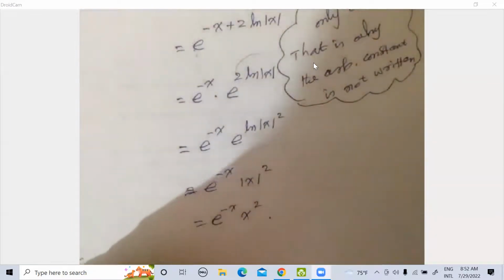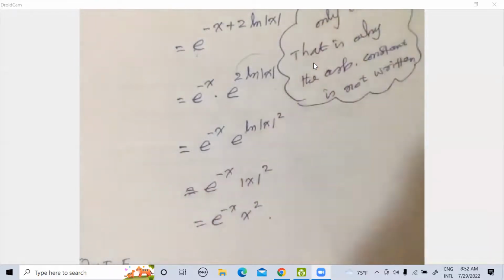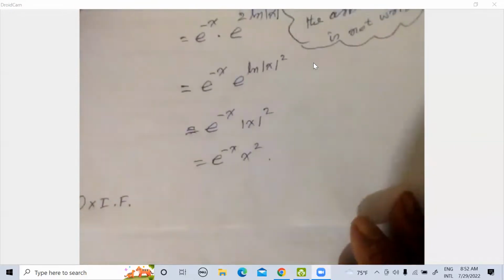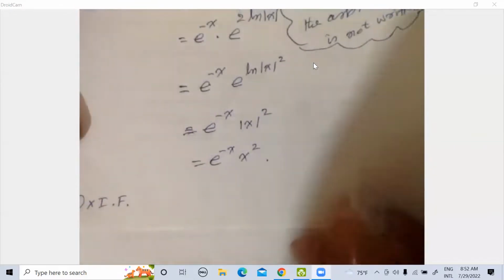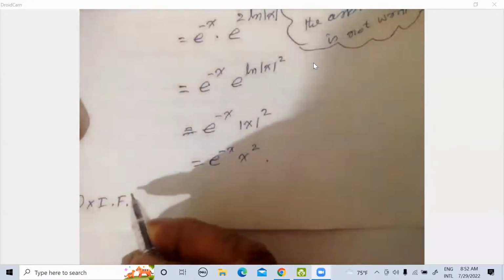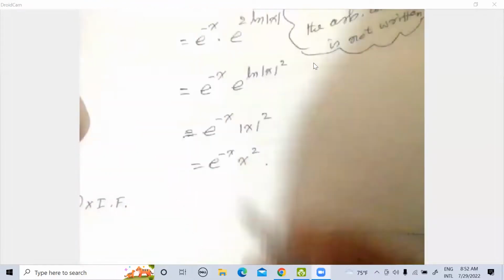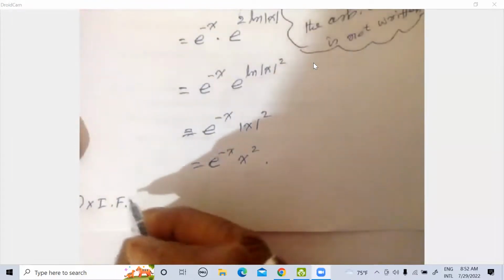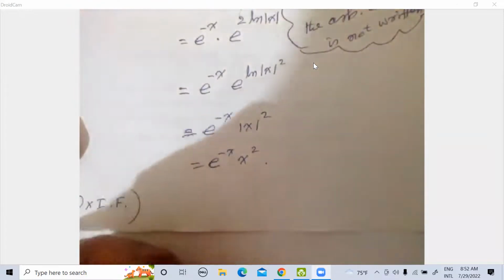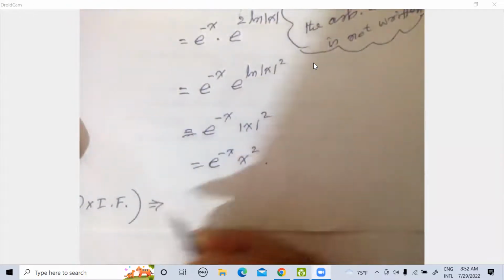Now take equation 1 and multiply it by the integrating factor. In order to do this, let us write what equation 1 is.